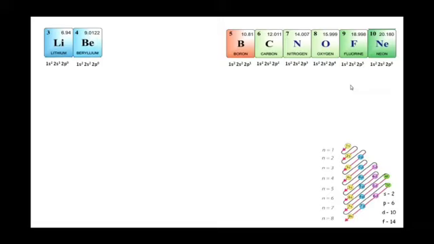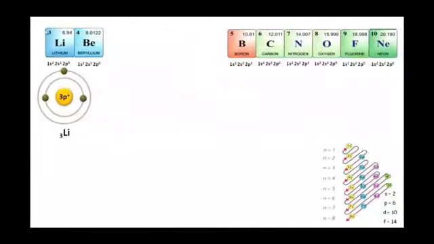Fluorine, 1s2, 2s2, 2p5 and has two shells. Neon, 1s2, 2s2, 2p6 and has two shells. So, in the second period, from lithium to neon, all the elements have only two shells. Let's take lithium. Its atomic number is 3.